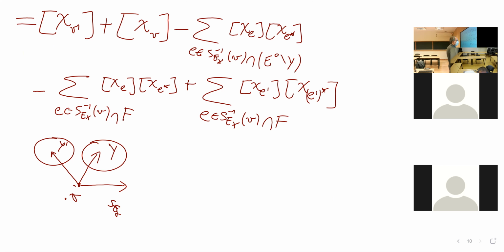This is the same that I'm simply summing over all E prime that are in the preimage of D under SEX, but now intersected with F prime, okay? These two things are tantamount. That's the same summation. And now when you look, I'm summing the same things, but now first I have all edges which end beyond Y and beyond Y prime, all edges which end in Y, and all edges which end in Y prime. So this means I'm done. I'm taking all edges, okay?